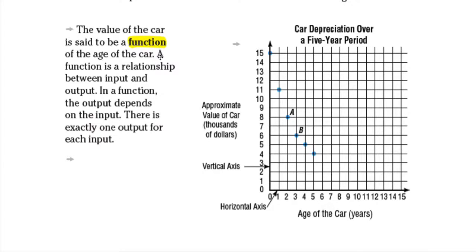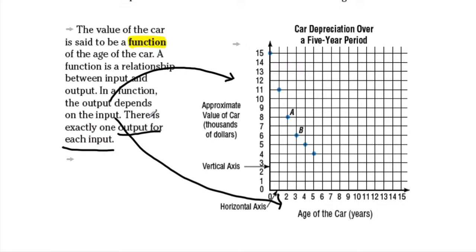And from that, you know that our output, which is the value of the car, is dependent on the input. Our output is always on the y-axis. Our input is always graphed on the x-axis, and there's exactly one output for each input.